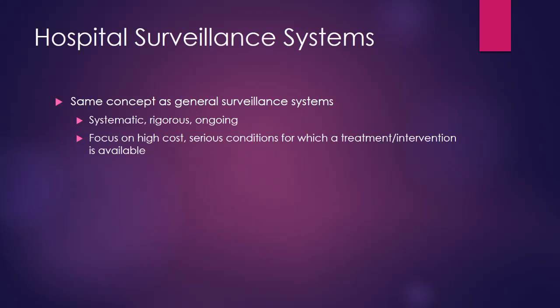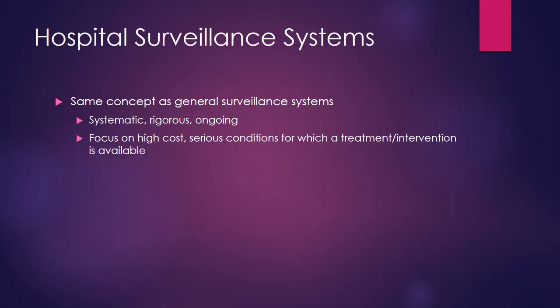And just as we talked about before with some of the national health surveillance systems that are done by telephone or in person, the focus of our surveillance system would probably be on the same kinds of things, or we would consider the same kinds of factors when deciding whether or not to do surveillance on a particular condition. So we probably want to focus on those that are high cost, common, serious conditions for which a treatment or intervention is available.